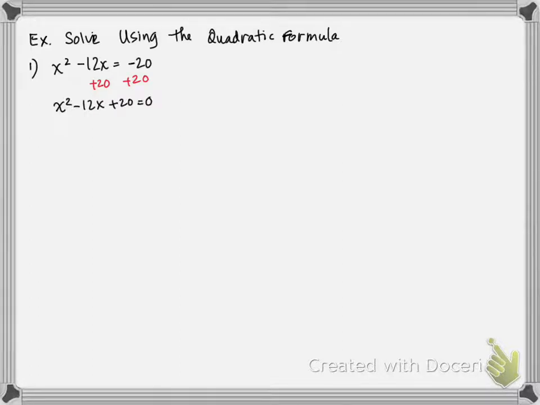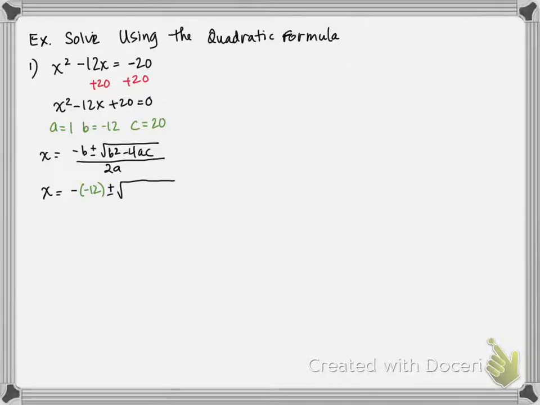So now we're going to identify our three key players. Remember when we were doing that earlier, we never used c. Well, now we get to. Okay, and here we go. I start by writing the formula. x equals negative b plus or minus square root of b squared minus 4ac, all over 2a. And then I just start substituting numbers in. Negative of the negative 12, that's your negative b, plus or minus square root.